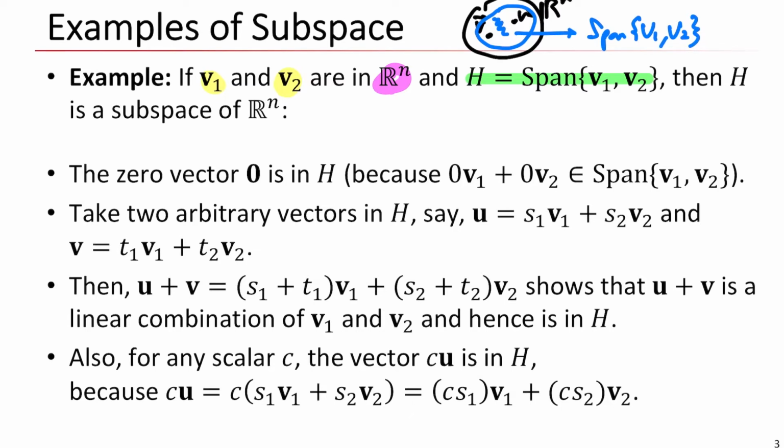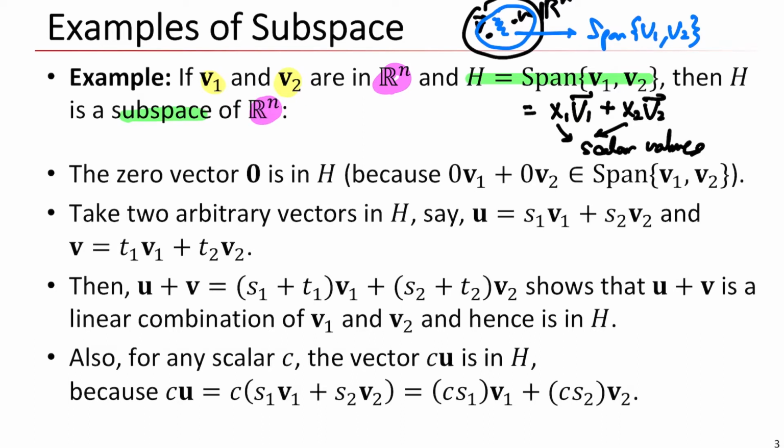By the way, what is the span? Span means the linear combination of v1 and v2 with scalar values, right? Then this H space, the span of v1 and v2, is a subspace of Rn space.